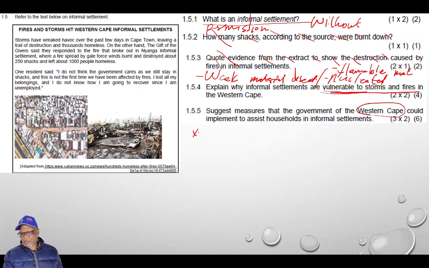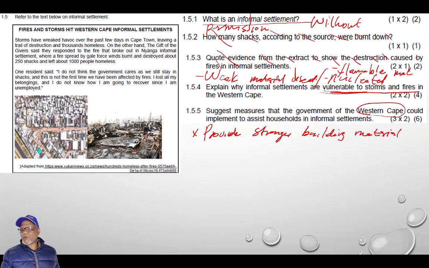In informal settlements, maybe they can provide stronger building material that will not be blown away by wind, that is not going to have rainfall leaking into their houses.